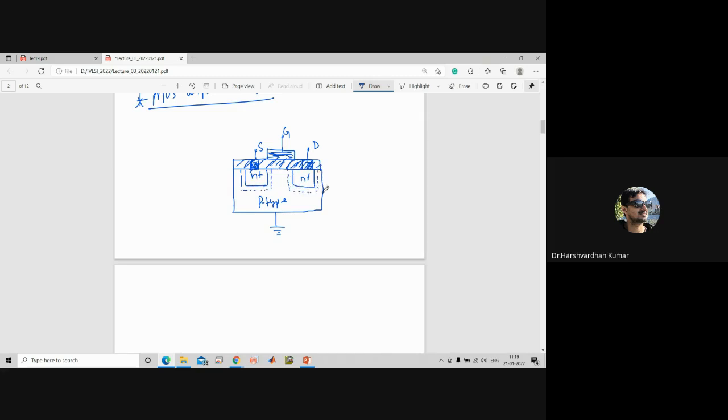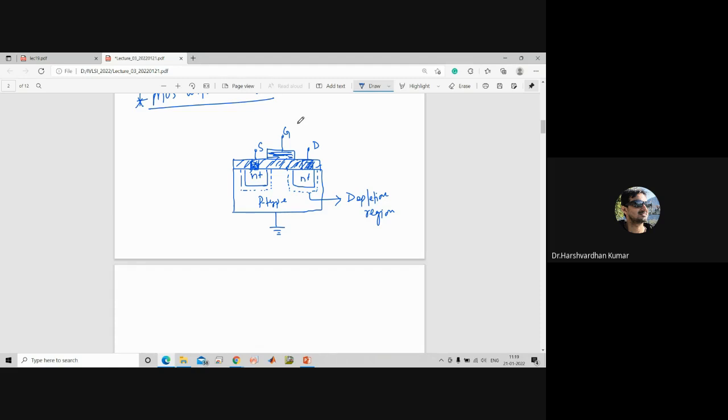We know from the last class that we are not going to apply negative voltage to the gate. If you apply negative voltage to the gate, what will happen in that case? Anyone can recall? Accumulation. Yes, accumulation. We don't want accumulation, we want inversion.